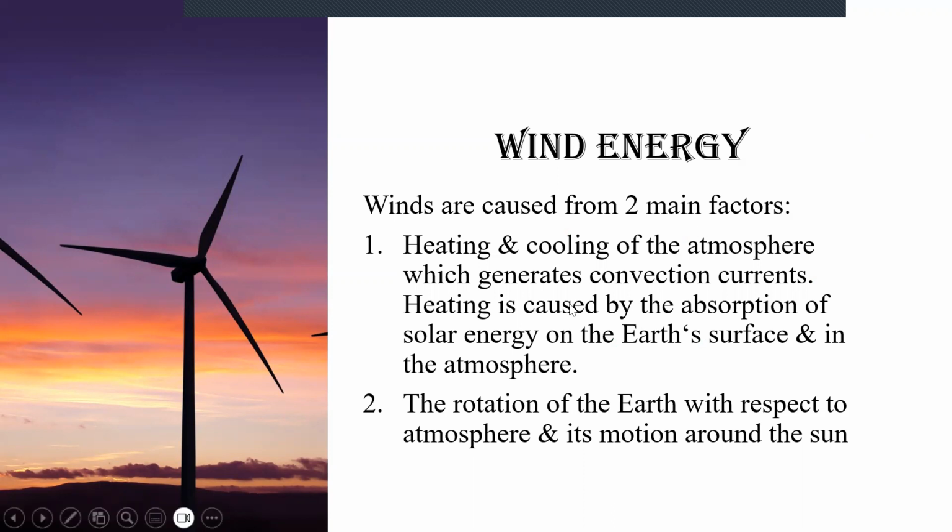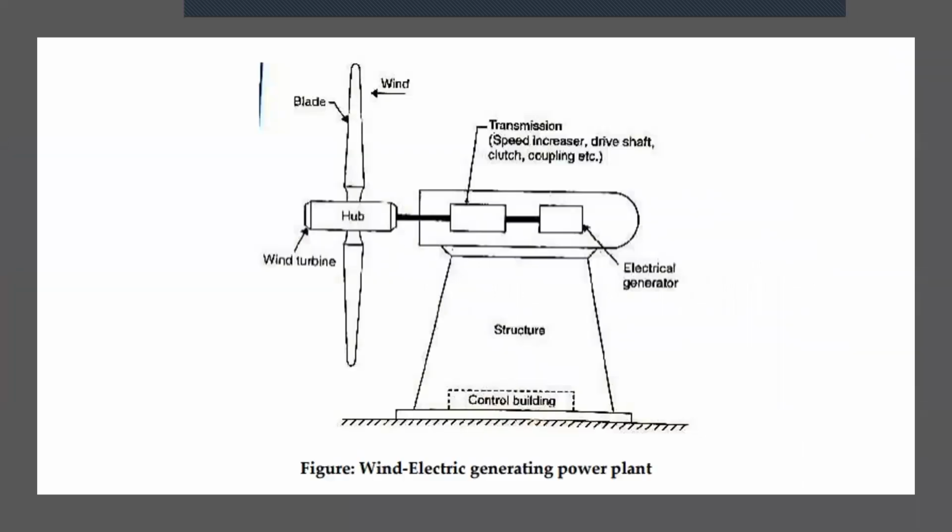So the rotation of the earth with respect to the atmosphere, and also its motion around the sun, are the two main factors contributing to the energy of the wind.